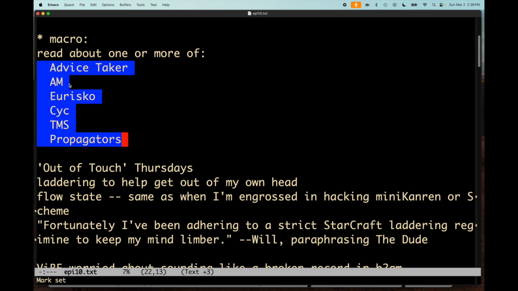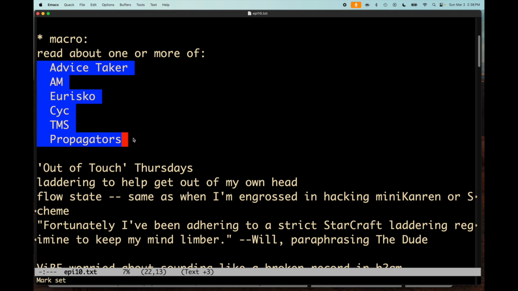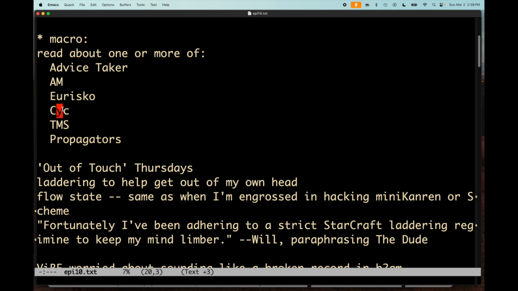Going back to the late 50s with McCarthy's Advice Taker, you can see what people were trying to do with various sorts of Lisps, and the role of logic in something like Advice Taker. Psych has all sorts of logic in it, and different sorts of metaheuristics, like in Eurisko. And then TMS and propagators are sort of plumbing for building intelligent systems.